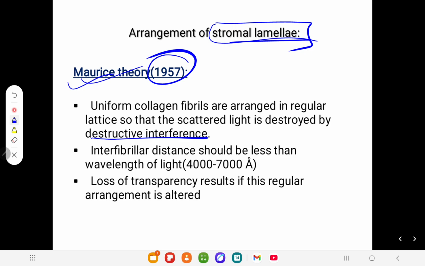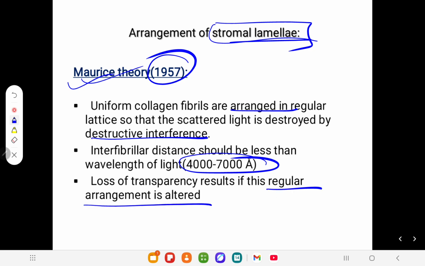I think you know this destructive interference, constructive interference, basically in ARC, isn't it? So in spectacle ARC. So fibrils are arranged in a regular lattice so that the backward scattering is destroyed by the destructive interference. So interfibril distance should be less than the wavelength of the light, which is approximately this, isn't it?